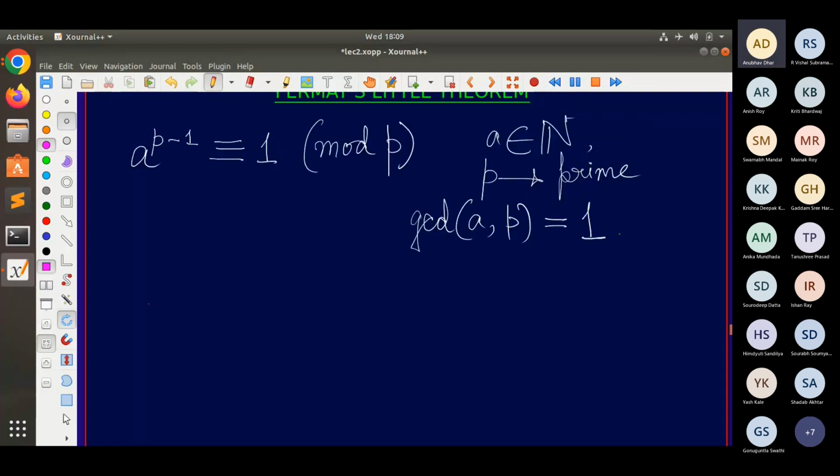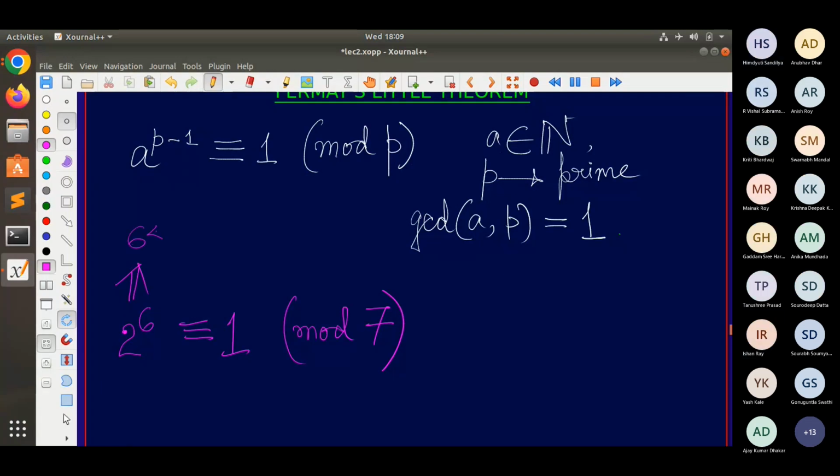Now getting to some examples, you can check that 2 to the power 6 is congruent to 1 mod 7. So what is 2 to the power 6? Can anyone tell? 64.